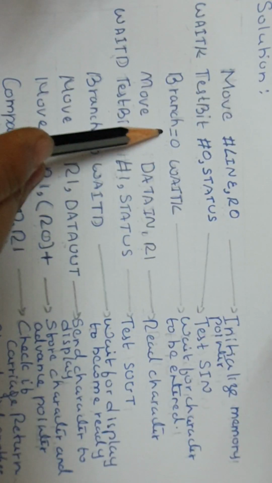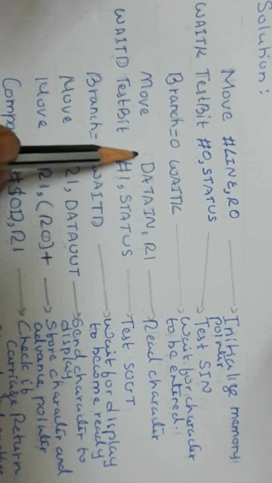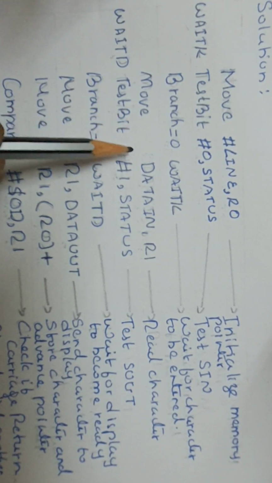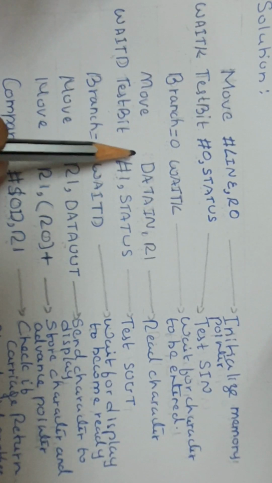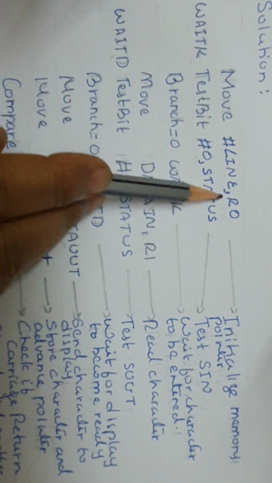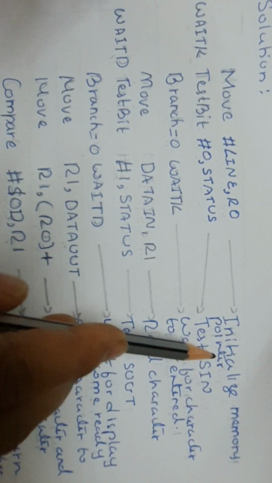Okay. So this is the assembly language program which does keyboard reading, then storing that character in the buffer, and then sending that character for display. The first instruction is move #line, R0. What is the comment here? Initialize memory pointer.